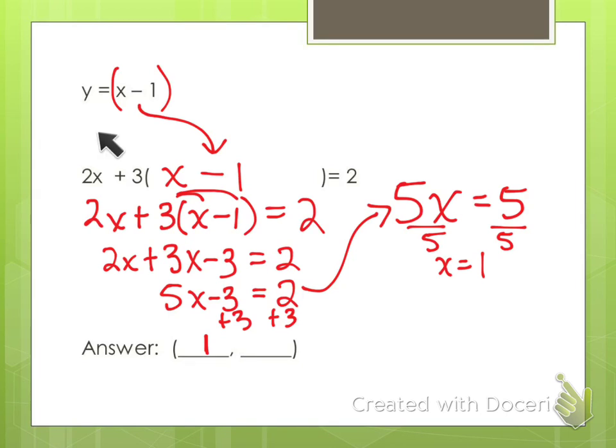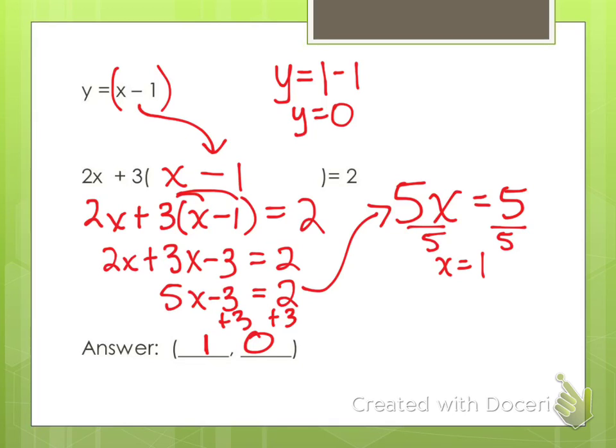But we can go back up to the beginning where they said y equals x minus 1. Now that we know x, we can use that information. So instead of y equals x minus 1, what can I plug in for x? That 1. What is 1 minus 1? 0. So I can then find that y would equal 0.